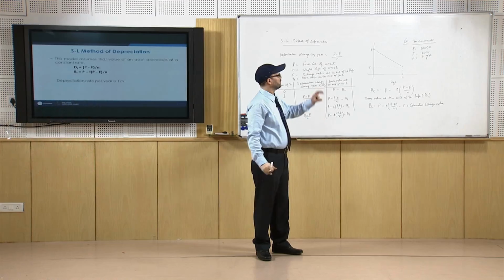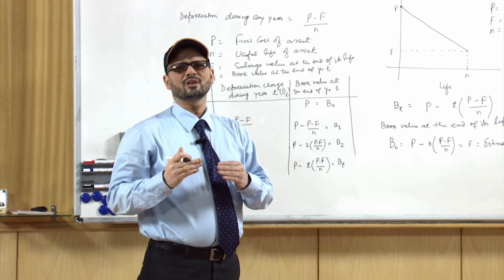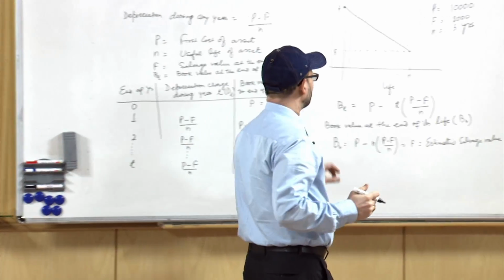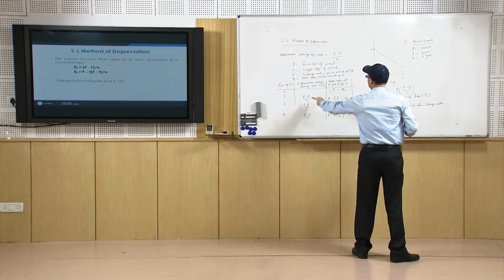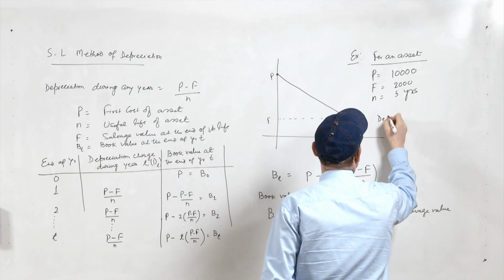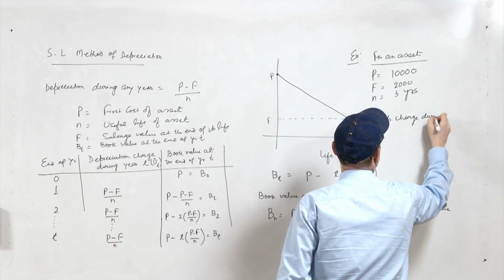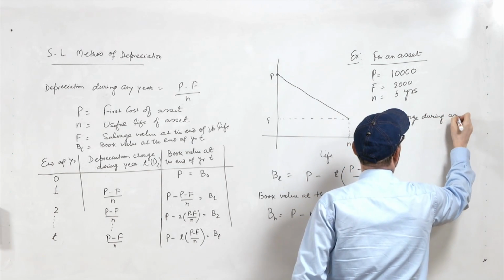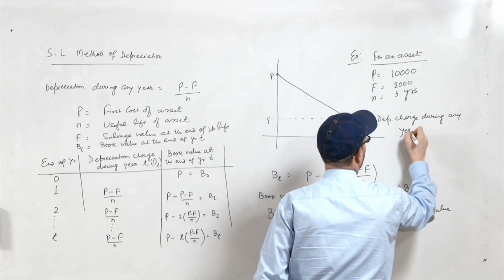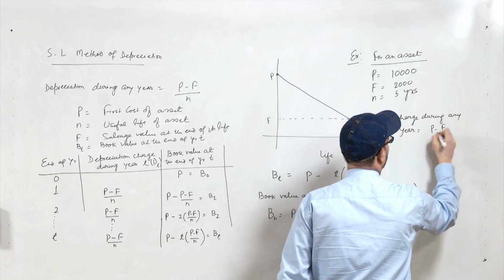So, if we want to calculate the depreciation charges during any year, the depreciation charge will be (P minus F) upon n.